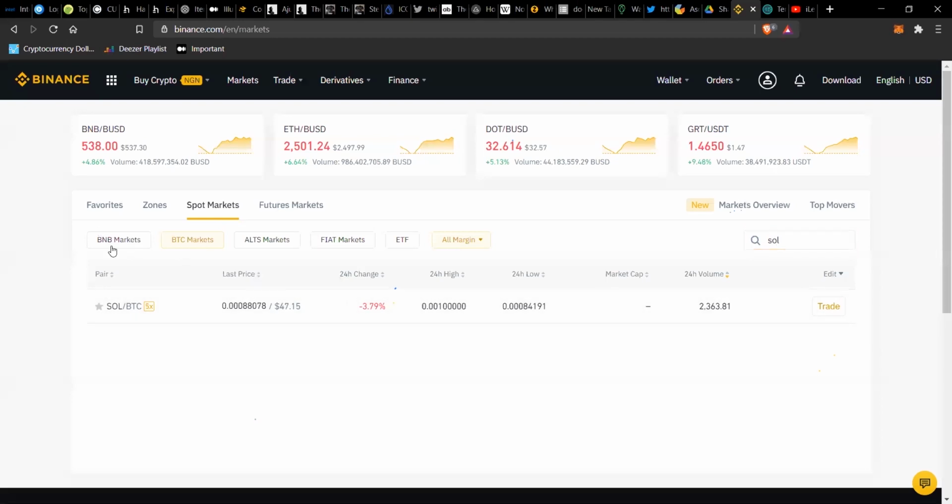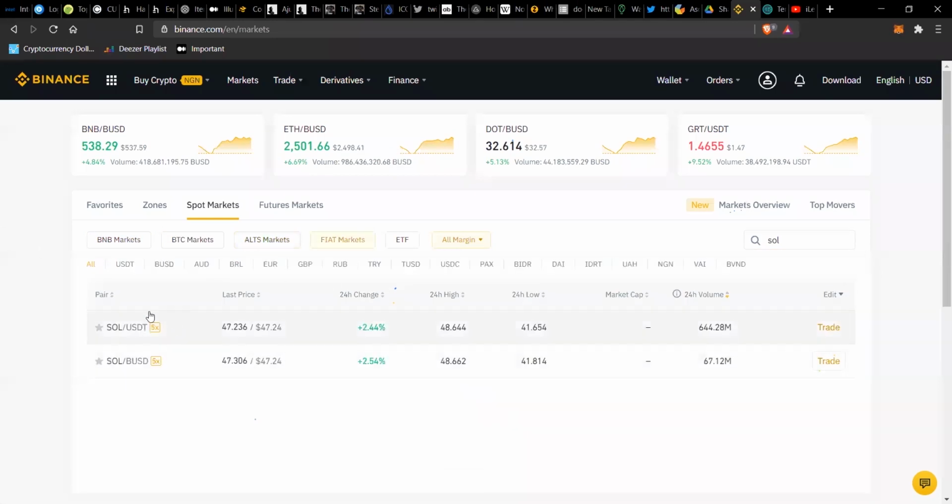Here it's showing me that Solana is paired against BTC. You can also buy against fiat too, against USDT or BUSD.